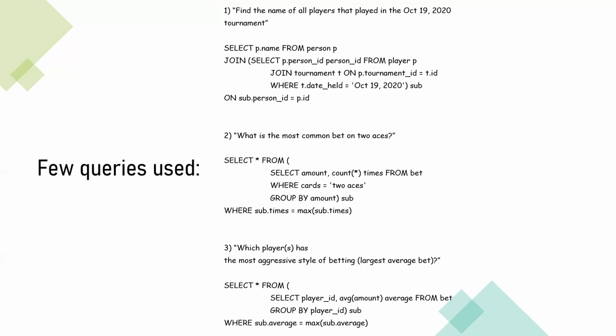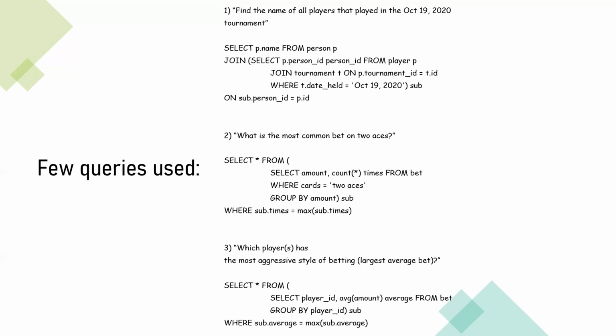And the third query is, which player has the most aggressive style of betting, that is, the highest bet, or a person who is continuously placing large amounts of bets. Here we are selecting all of the data from player ID, where player ID is a primary key. Average amount we're considering from the bet table.